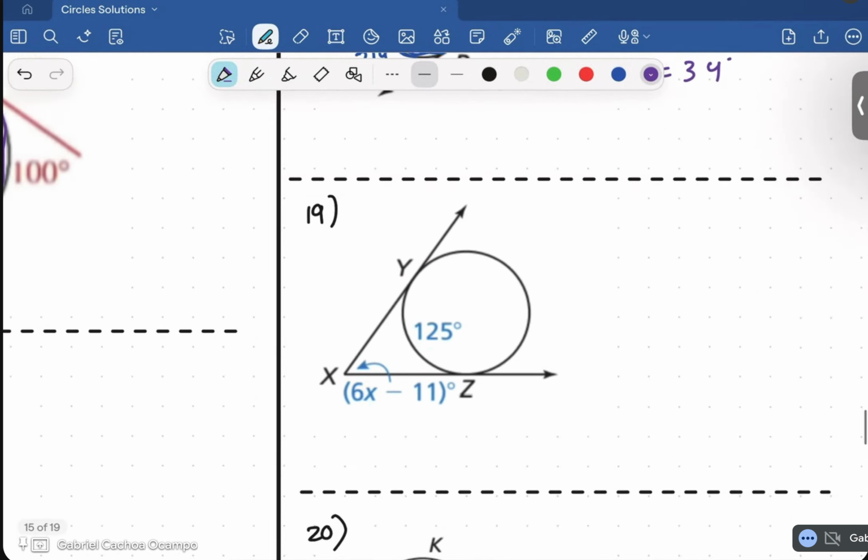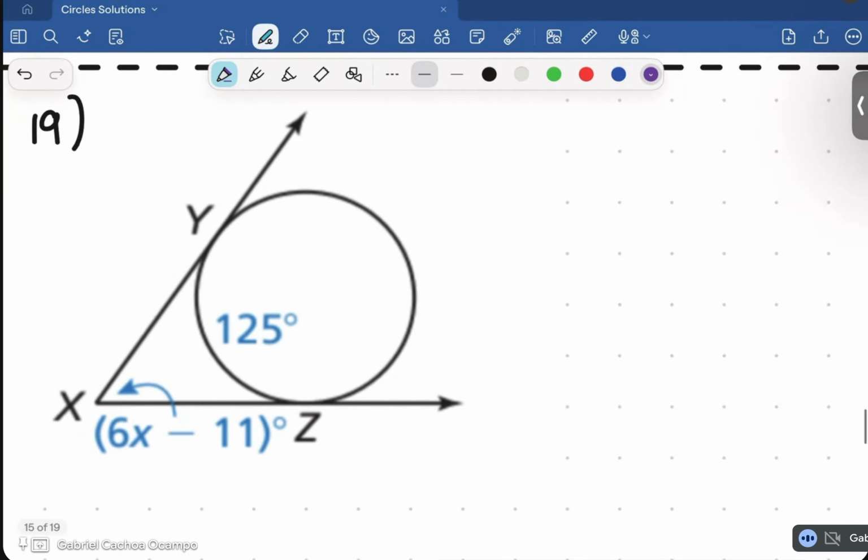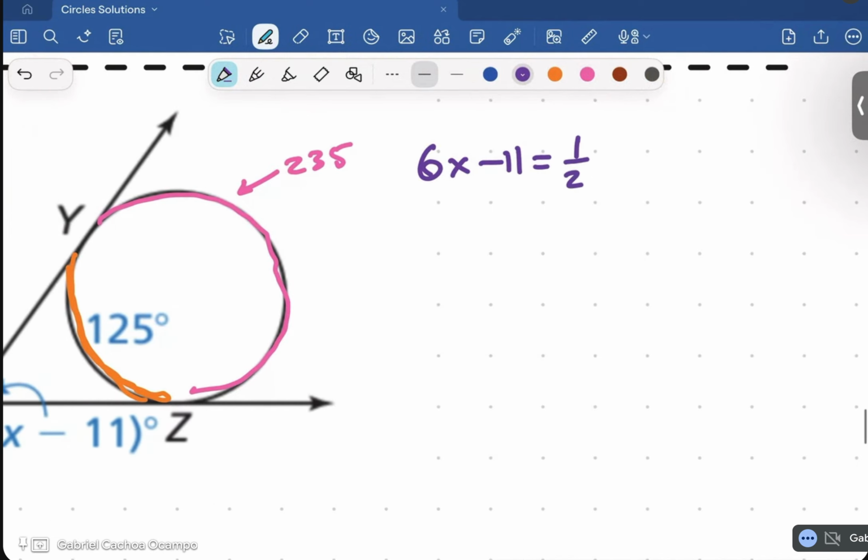Great. This angle is outside. So if it is outside, I need to use a minus. So I know what is the minor arc, but we need to know what is the major arc. So the major arc is just 360 minus 125. So the major arc is 235. So my external angle, 6x minus 11, equals 1/2 of the major arc minus, because it's outside, 125.